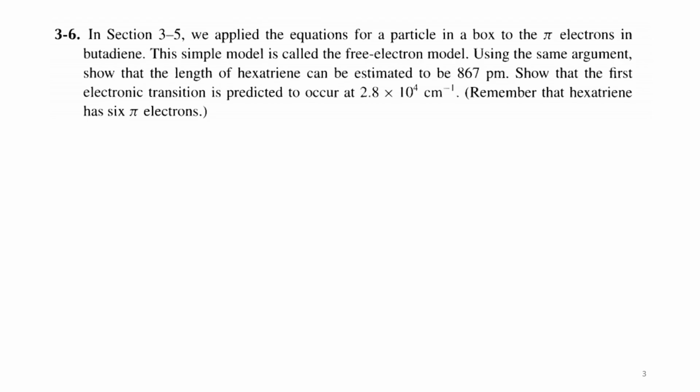So for a particle in a box applied to the pi electrons in butadiene, what is the structure of butadiene? Let me draw it. Butadiene means four carbons: one, two, three, four, and diene, so there are two double bonds. So this is butadiene, right?